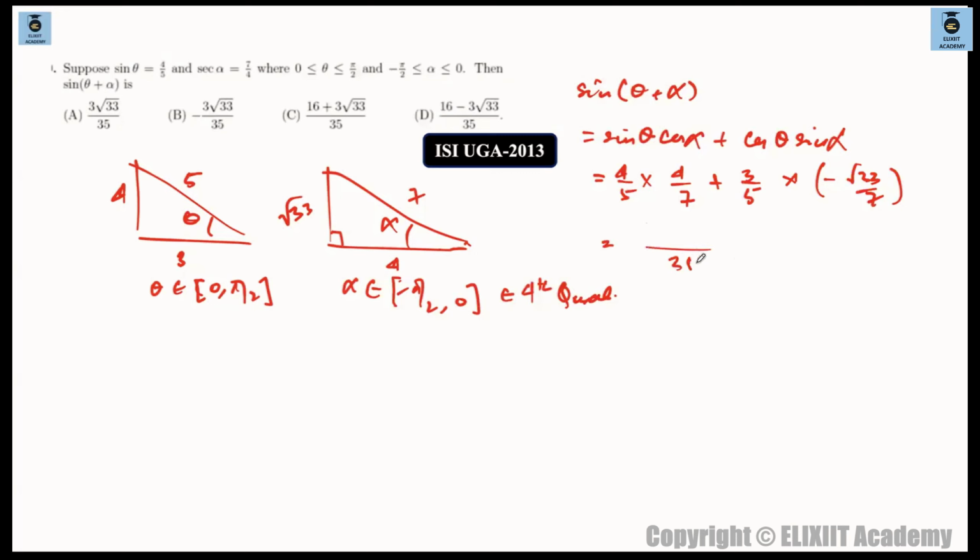LCM will be 35, ये हो जाएगा 16 minus 3 root 33. Option, which option? D is correct.